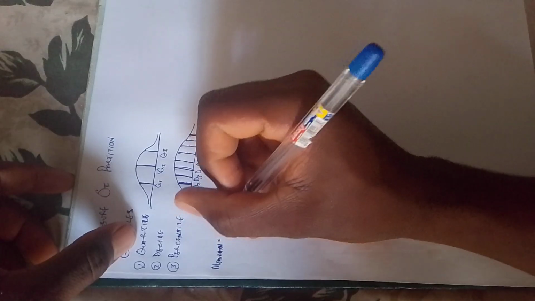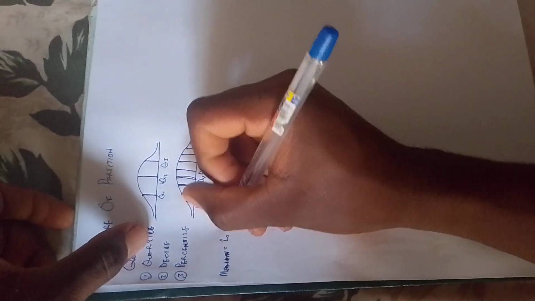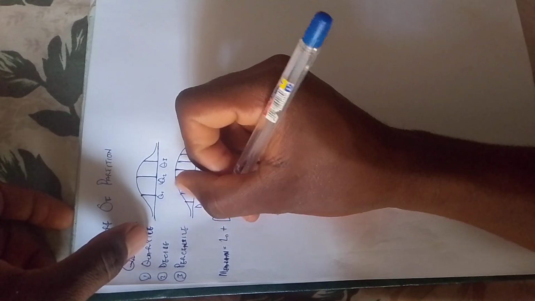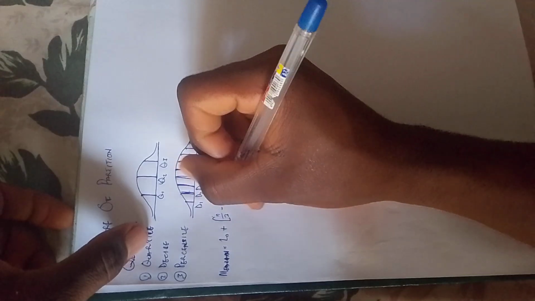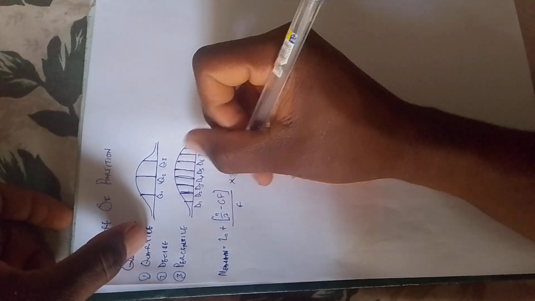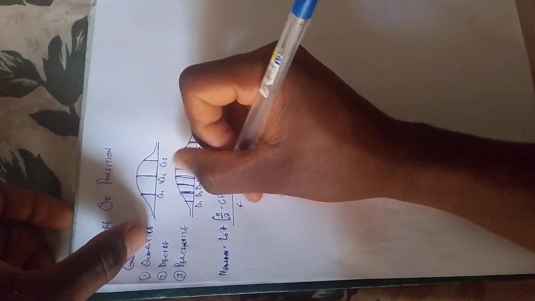The formula for your median, for those that remember very well, is L0 plus n over 2 minus cf over f, times c. And I defined all these parameters that day.